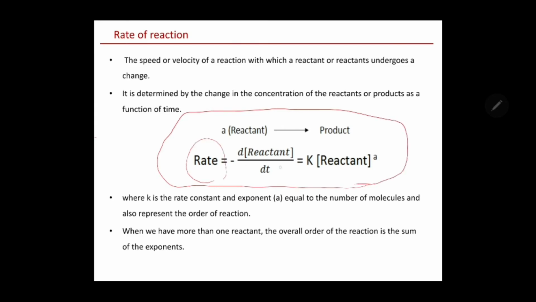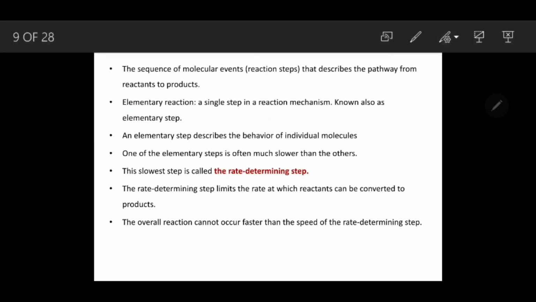Rate equals change in concentration of reactant over change in time, and we can have a constant, and this is the concentration of reactant, and this exponent refers to the number of reactants. If we have one reactant, A will be 1. If we have 2, it will be 2, and like that. This is a general rule that I'm sure all of you have heard about.